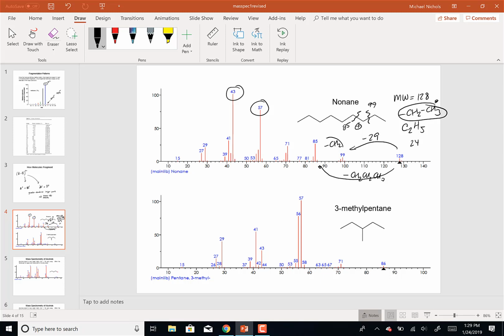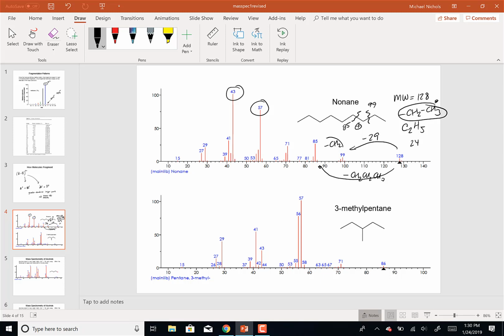But 43 and 57, in terms of where the cleavage is happening in that 9-carbon chain, is in the middle. So why those 2 peaks are the biggest is because that's where the molecule is basically being cut in half.